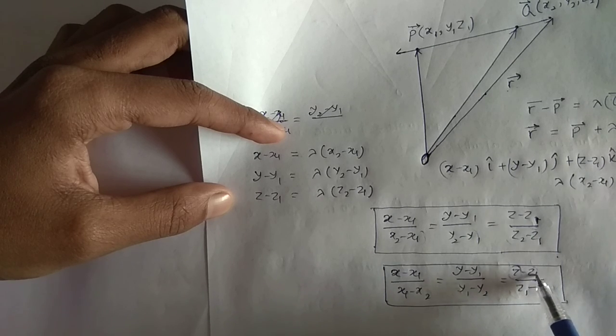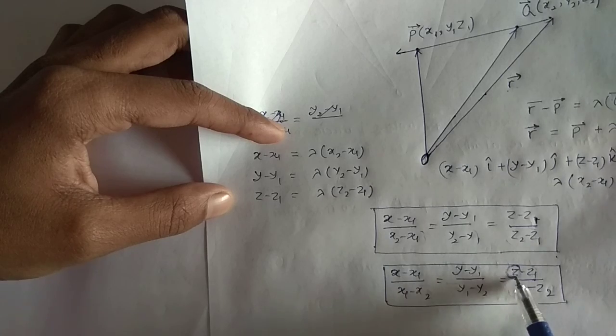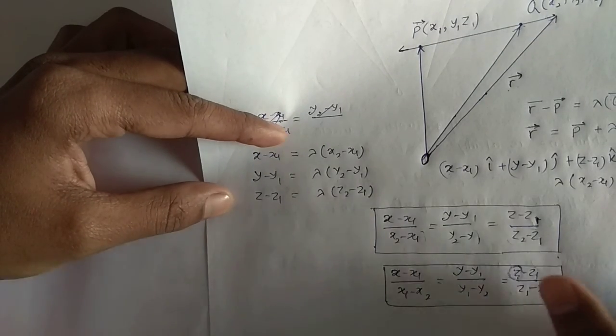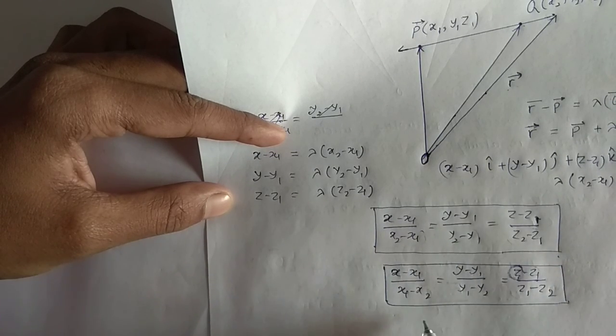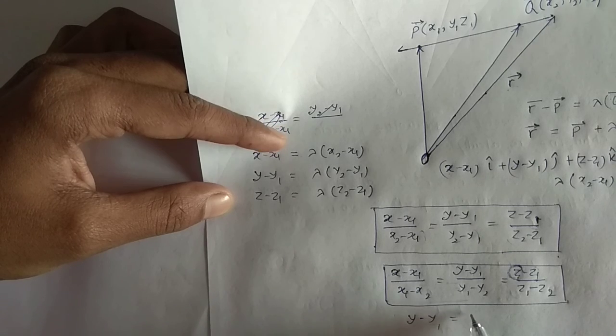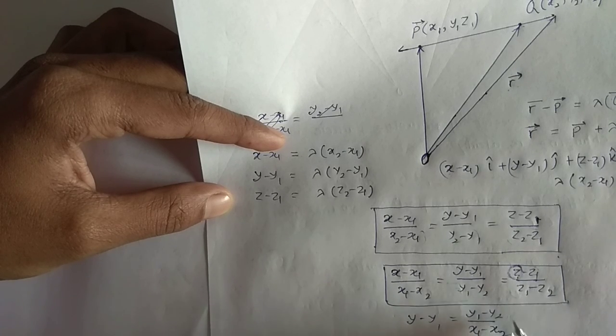We must put z as 0 for any point in the xy plane. So this is equal to 0 always for the xy plane, and it converts in the same ratio like this: y minus y1 by y1 minus y2 equals x minus x1 by x1 minus x2, like this.